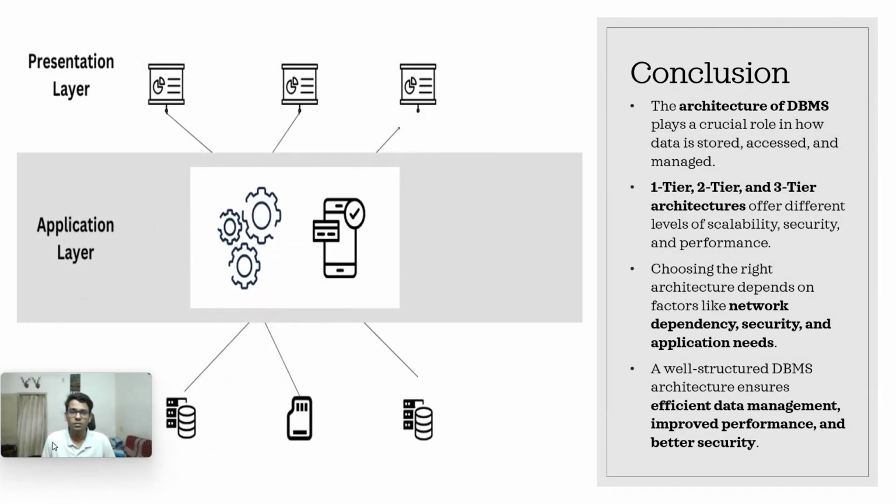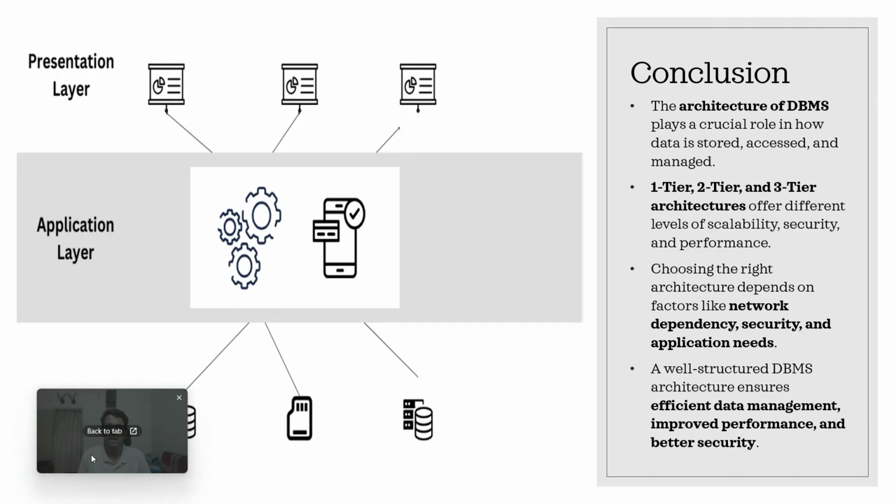So at the end, we could say that the architecture of DBMS plays a very crucial role in how the data is stored, accessed, and managed, since it ensures efficient data management, improved performance, and better security. The factors which are considered while choosing the right architecture for our system are the network dependencies, the security concerns, and the application's needs.